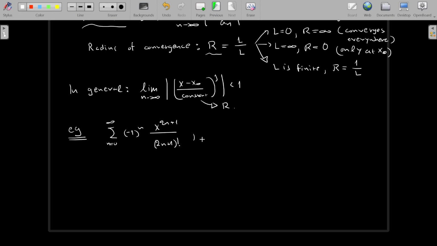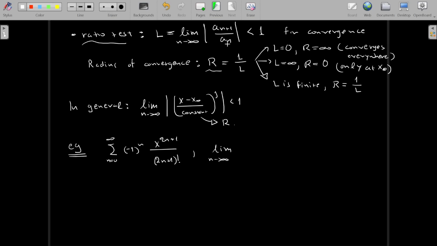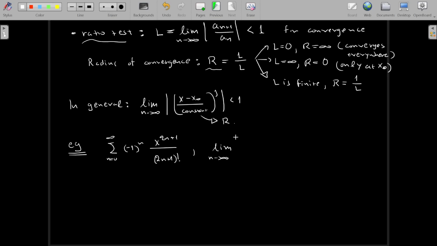Okay, now if we take the limit when n goes to infinity of this term over this term, what we are going to have is the absolute value of minus 1 to the n plus 1, x to the 2n plus 3, we send n to n plus 1, over 2n plus 3 factorial, over minus 1 to the n, x to the 2n plus 1, over 2n plus 1 factorial, right?